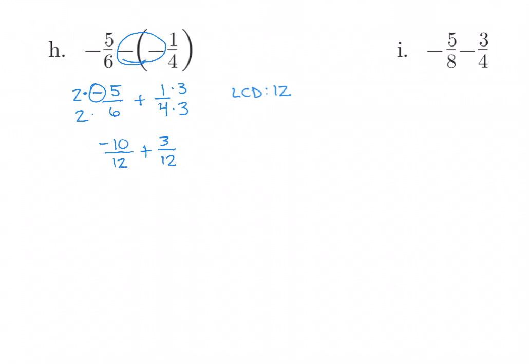Now we bring in our same signs, different signs. These have different signs. This is a negative 10 and a positive 3. So we're going to subtract. Keep the sign of the larger number. We get negative 7. And keep the denominator. We get negative 7 over 12.